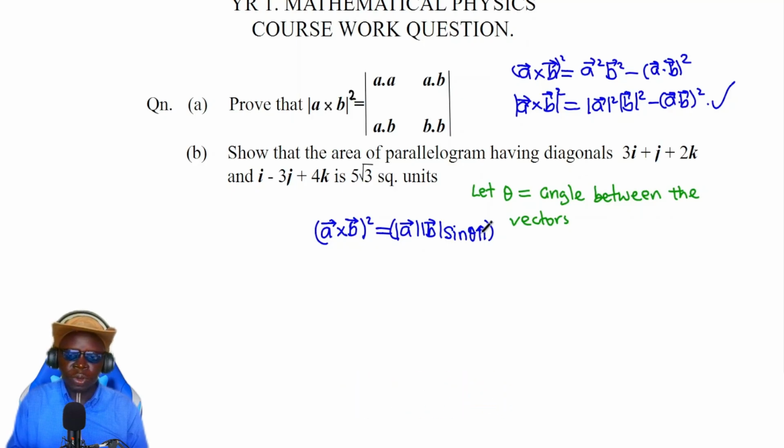For dot product, we don't have this, and that is one thing we also need to mark in our working. Since this one is squared, we also have to square this side here, and we move on to continue simplifying. When we square this, it is like distributing the 2 to each of these individual terms. We have 4 terms here: the unit vector, the sine, and then B together with A. So let's go ahead and do that.